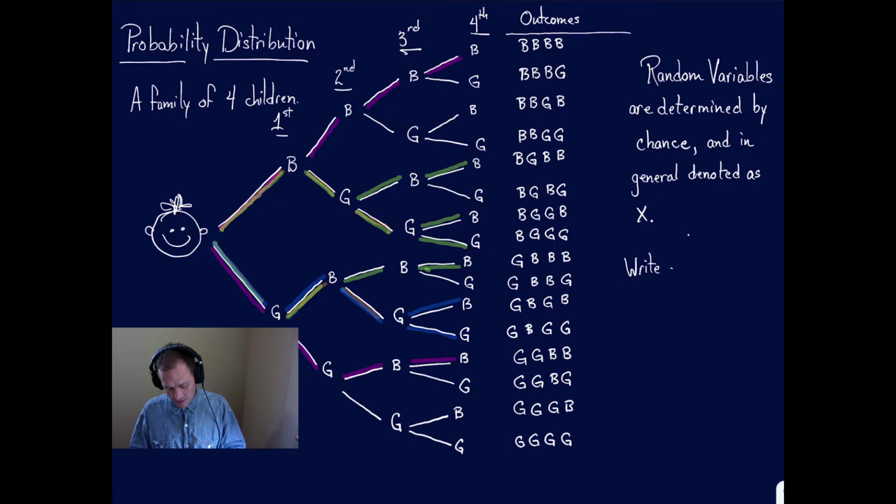Write random variables in terms of girls. Girls in a family of 4 children.